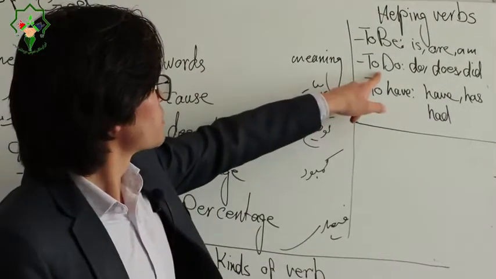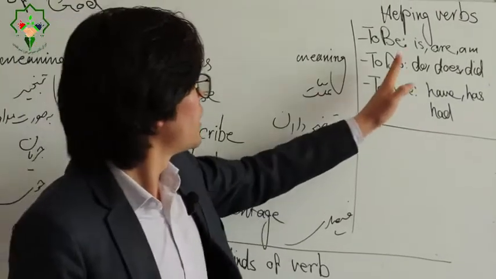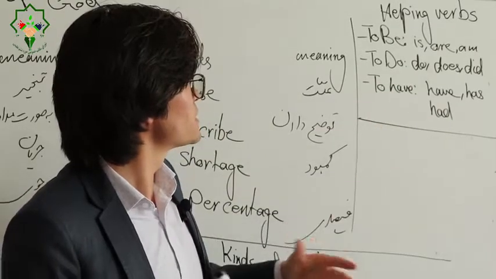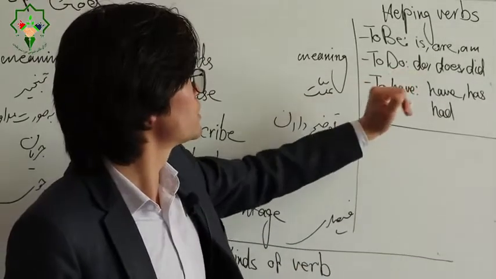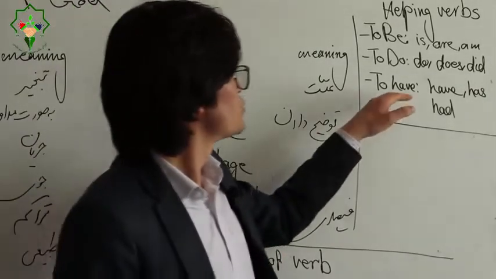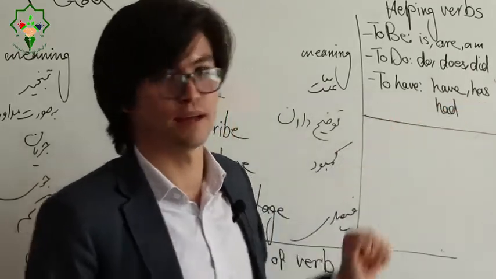The second category is the to-do verb. I divide it this way because it makes it easy for you. To-do verbs are do, does, and did. To have verbs are have, has, and had.